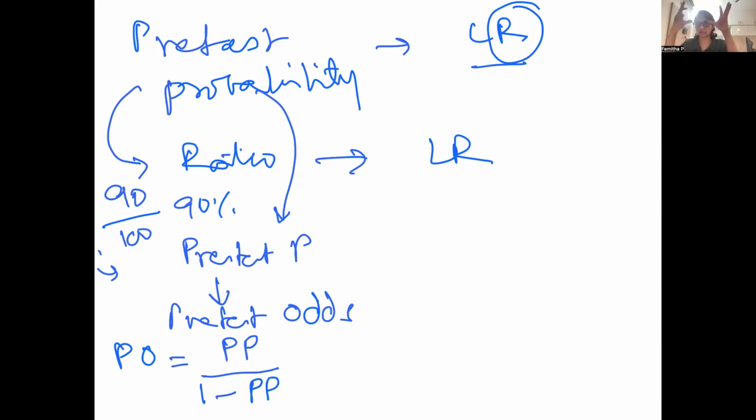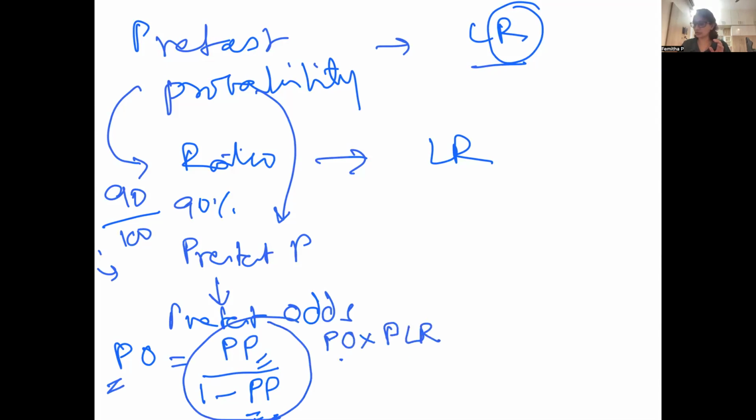You take the numerator and separate it from the denominator. So your pre-test odds is equal to pre-test probability divided by 1 minus pre-test probability. Now you have made it into a ratio. So you can multiply your pre-test odds by your positive likelihood ratio, because now both are ratios, and what you get is a post-test odds.